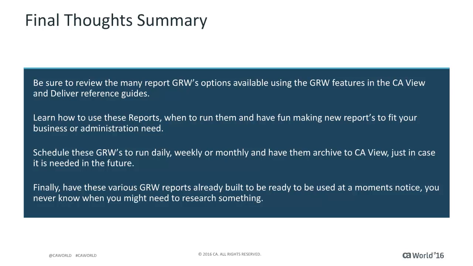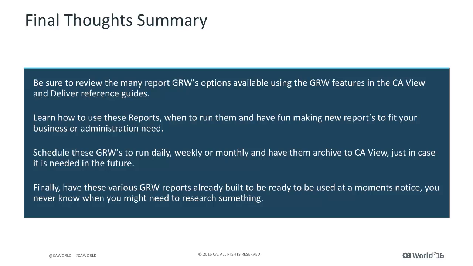Okay, final thoughts. In part one, we talked about CA View report writing tools. In part two of this series, we talked about minor administrator tools that were converted to report writing tools to help the administrator understand what's running in their environment. And part three, which is this session, is about how CA Deliver can also write reports and give you information for further processing in big data or analytics.